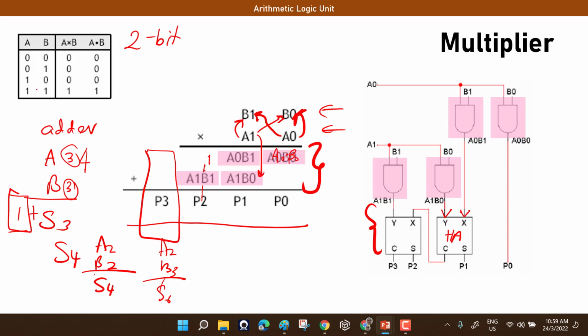If 1 multiplied by 1, it will become 1. But for the sum, 1 and 1 will become 2, which in binary is 2 bits, 1 and 0. So this one can also be implemented using a half adder. This resembles this process and this resembles this process.